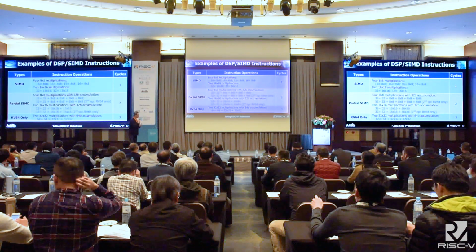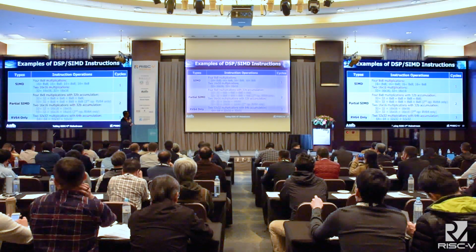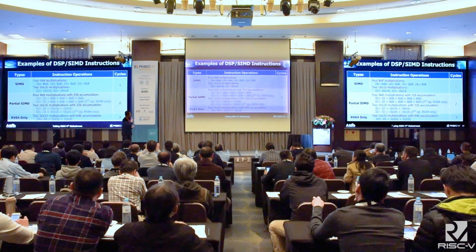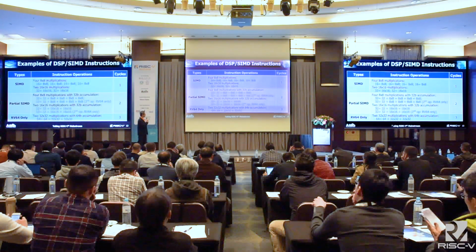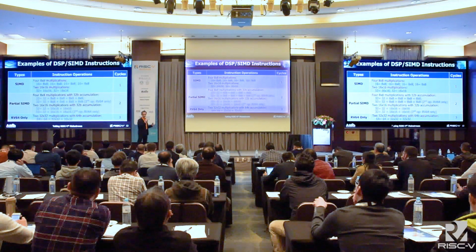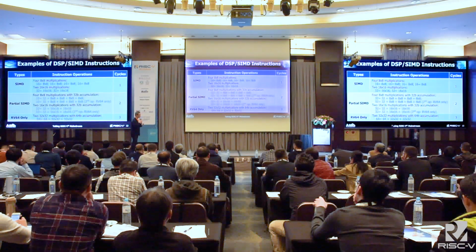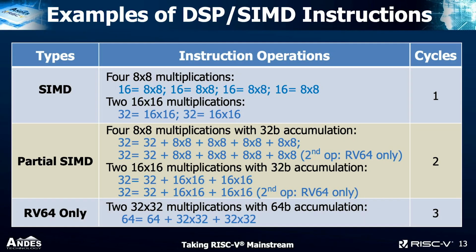And in the partial SIMD, which basically means accumulation, you can actually do more. For a 32-bit RV32 CPU, you can do 4 8x8 multiplications, and for RV64, you can do 2 sets of that, with the result accumulating to a 32-bit register. Or you can do 2 16x16 multiplications with accumulation for 1 set.